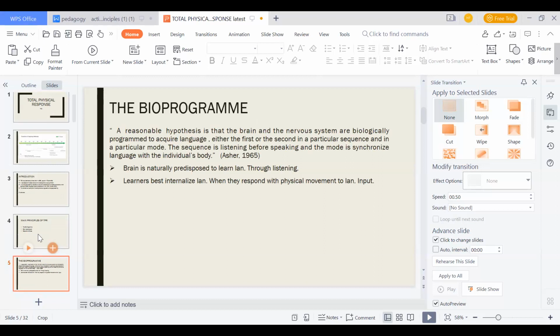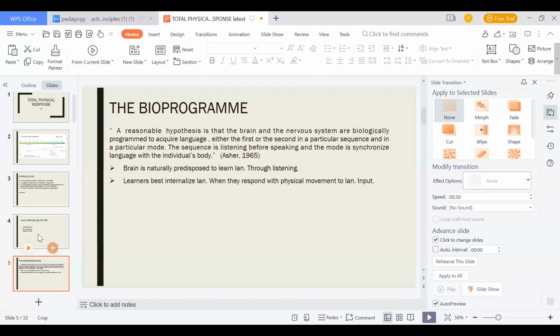The sequence is listening before speaking, and the mode is synchronized language with the individual's body. Asher, 1965. Brain is naturally predisposed to learn language through listening. Learners best internalize language when they respond with physical movement to language input.